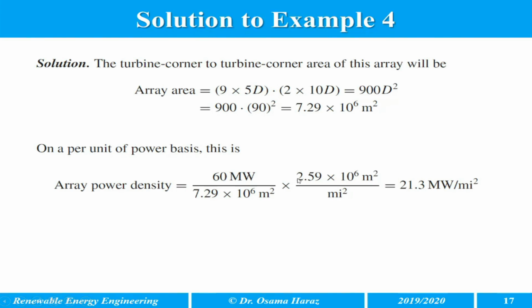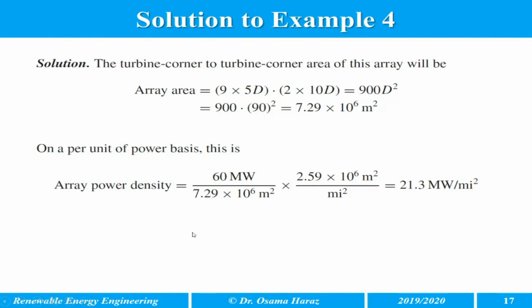So the power density is 21.3 megawatt per square mile, because here we are converting from square meter to square mile, or you can keep it megawatt per square meter, no problem. Suppose that this is the power density here.